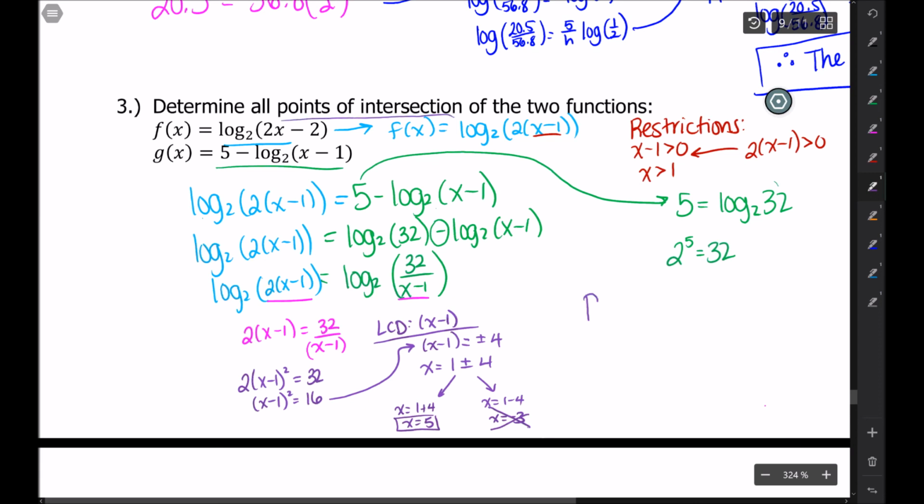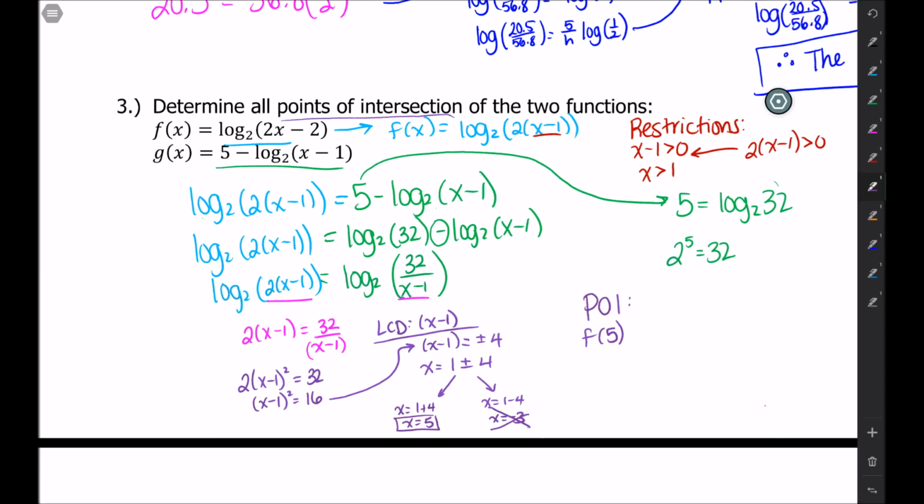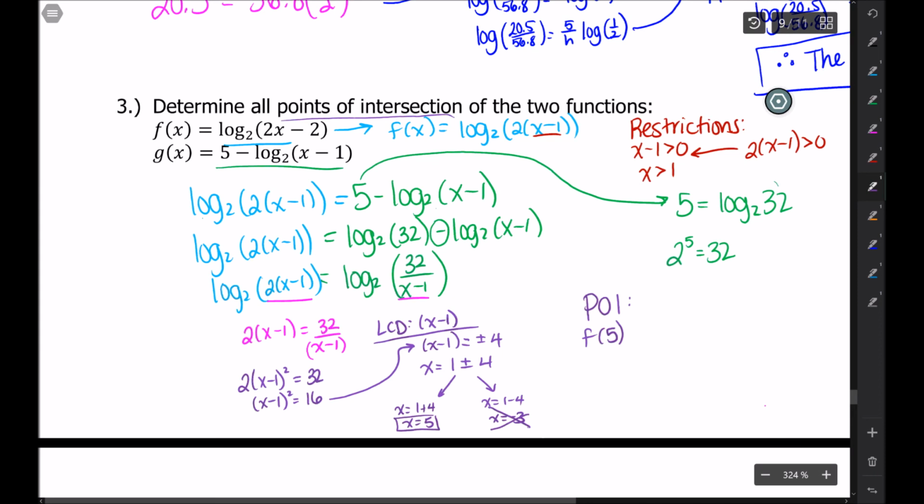So to find the point of intersection, I either have to find f of 5 or I have to find g of 5. Doesn't matter which one I do because they'll both give me the same answer if I solve this correctly. So I'm going to say f of 5 is equal to log base 2 of 2 times 5 minus 1 because I'm going to replace this x with a 5.